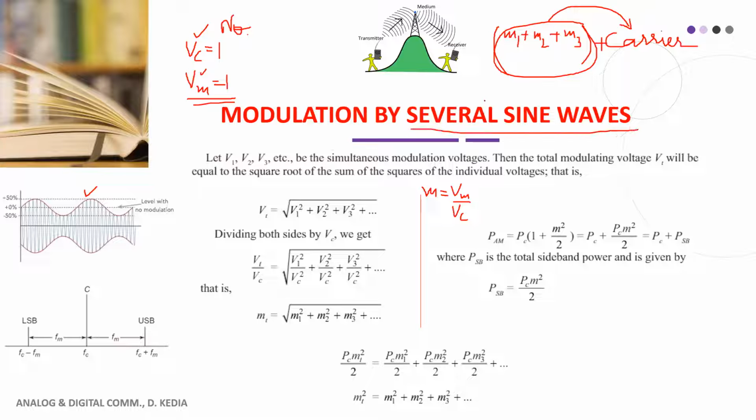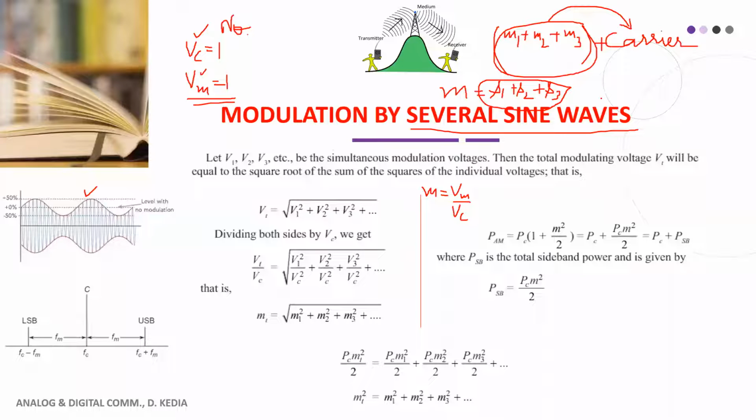It means I have only one modulating signal which consists of three sine waves, say S1, S2, and S3. In that case, how will I transmit those multiple sine waves through the same carrier?